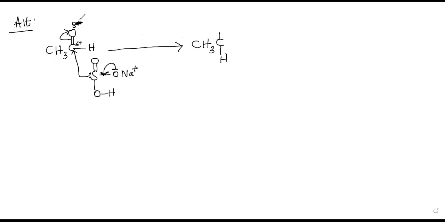Then, since one bond broke off, I have O minus. Right? I have O minus, but remember, I broke the whole molecule, so I can say O minus Na plus, since I broke the whole molecule, then I say S with a double bond on oxygen and another double bond, which is this, then with OH.